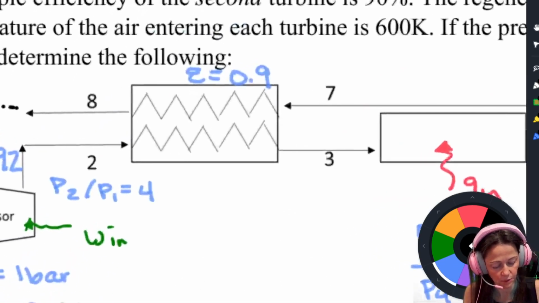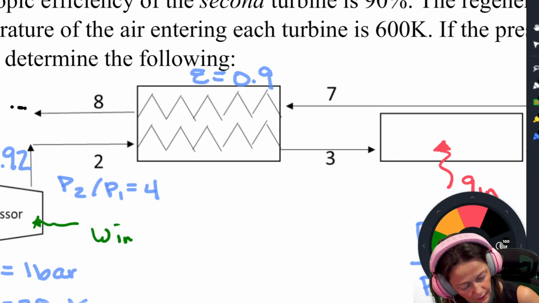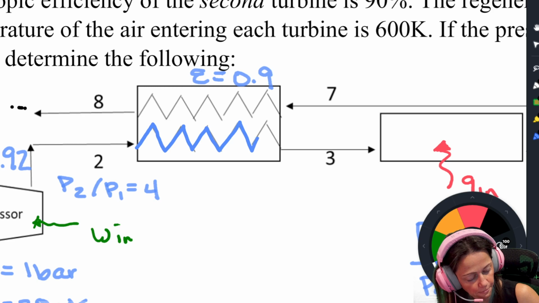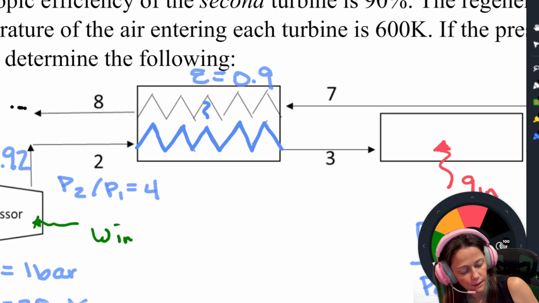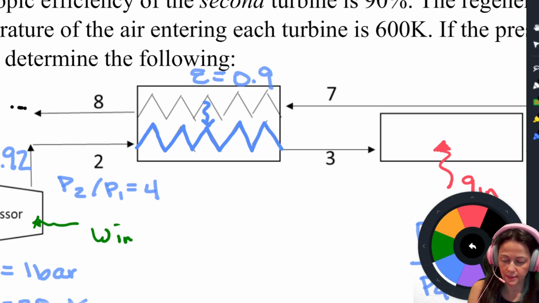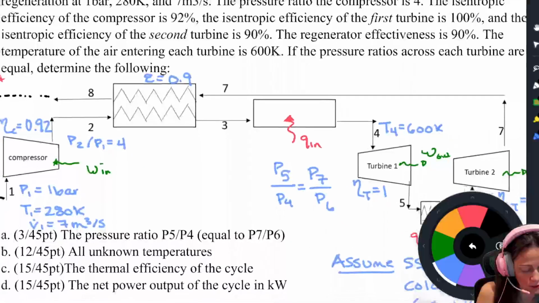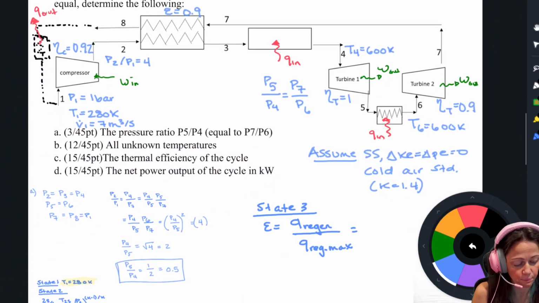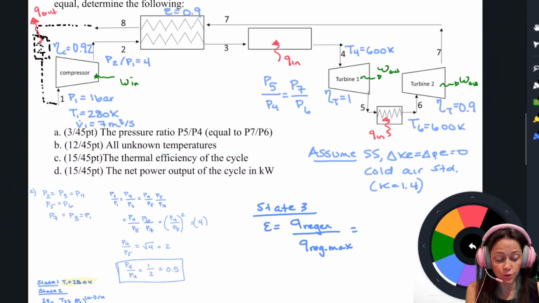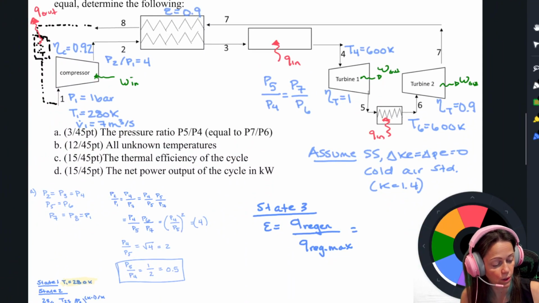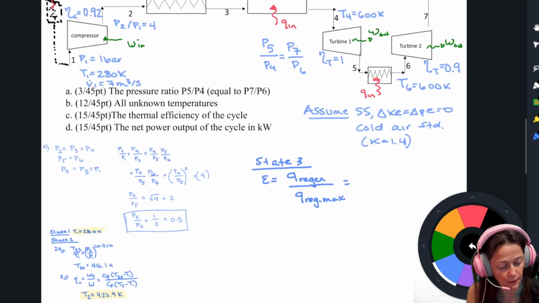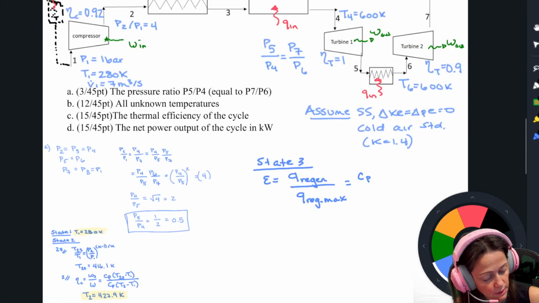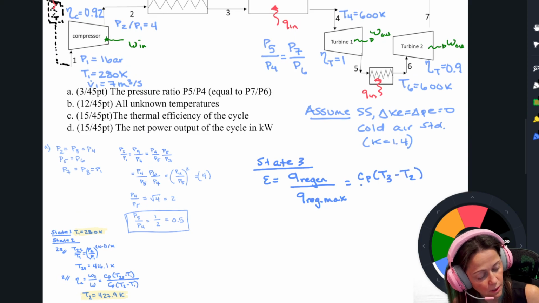I'm looking at my regenerator here, and I'm looking at this little section here. Q regen is going into that little section right there. So your equation, Q regen is going to be H3 minus H2, or CP delta T, CP times T3 minus T2.